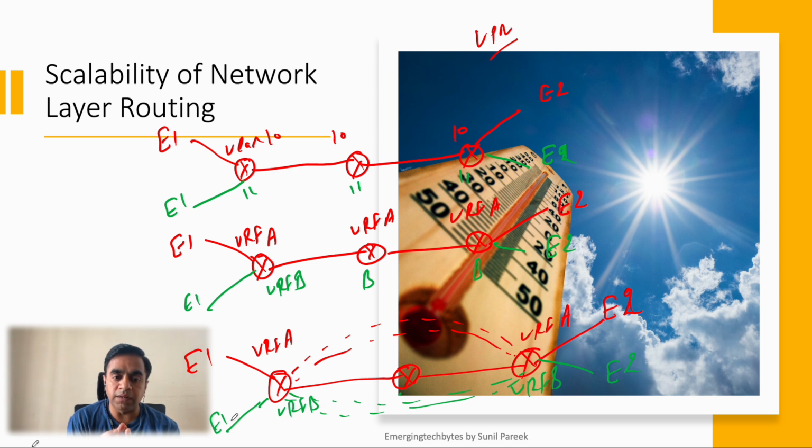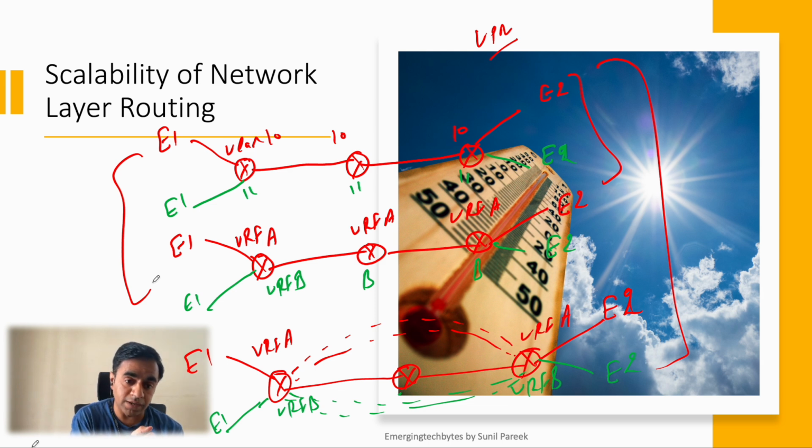Now think for a minute, what is the fundamental difference that you see in these 3? The first 2, even though they were providing some sort of VPN, you need to create it on each hop.